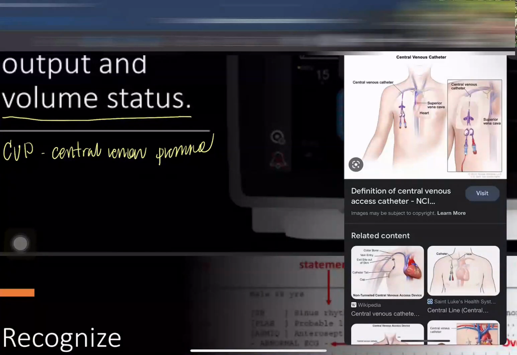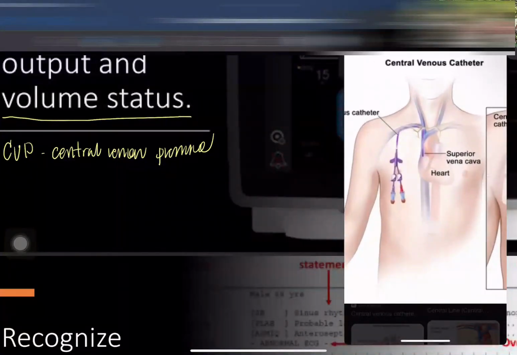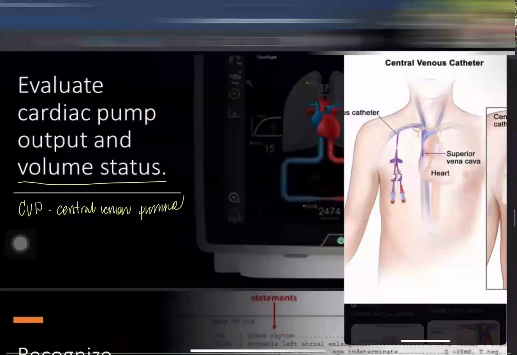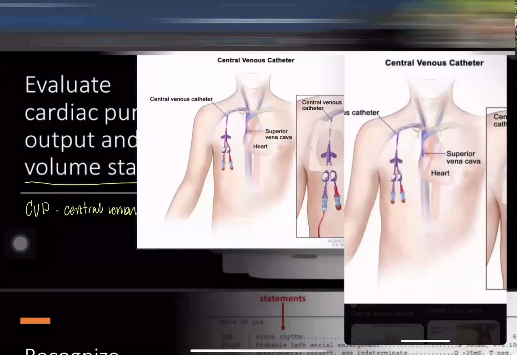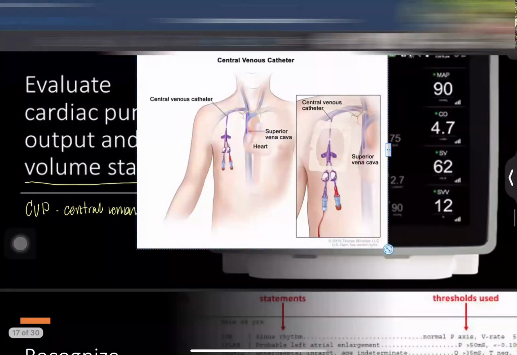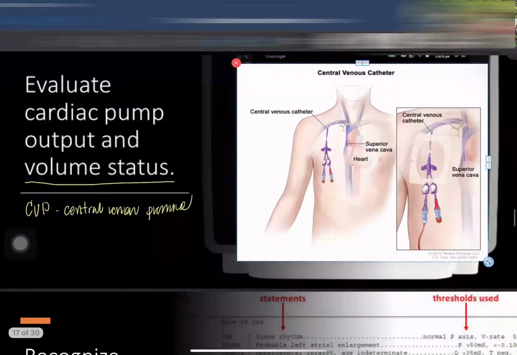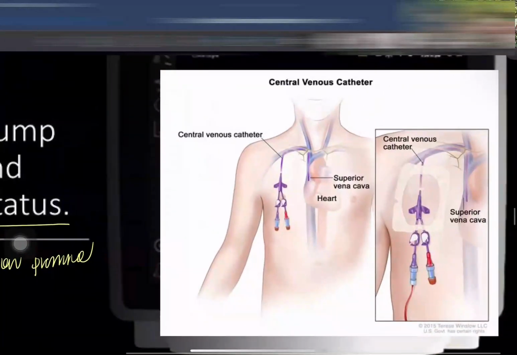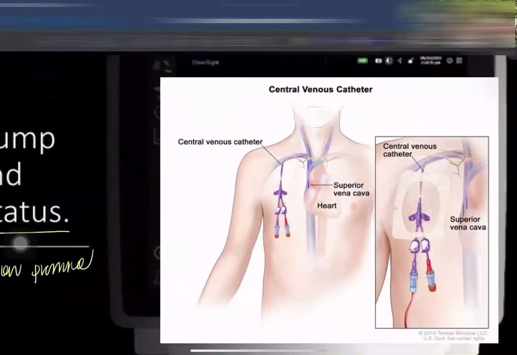So class, anong ginagawa? That very catheter is inserted to a major vein of our body, and then the end of the catheter is resting in our heart. Class, the end of the catheter would be resting at your right atrium.